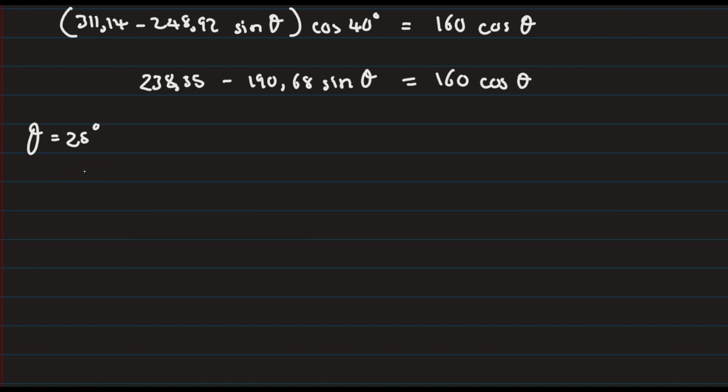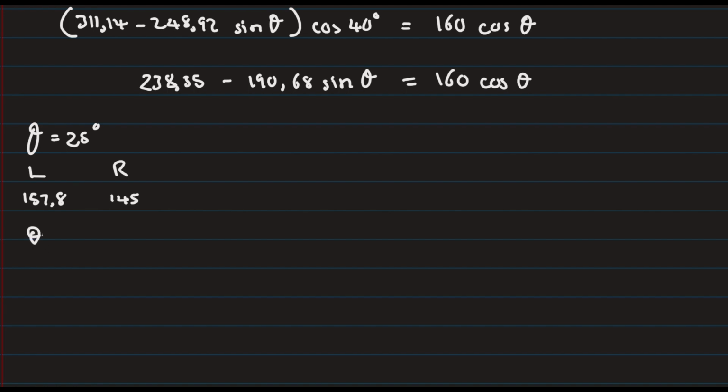This is the left hand side and this is the right hand side. On the right hand side we have 160 cosine of 25, which is 145. So let's go up a little bit. Let's go to 27 now.